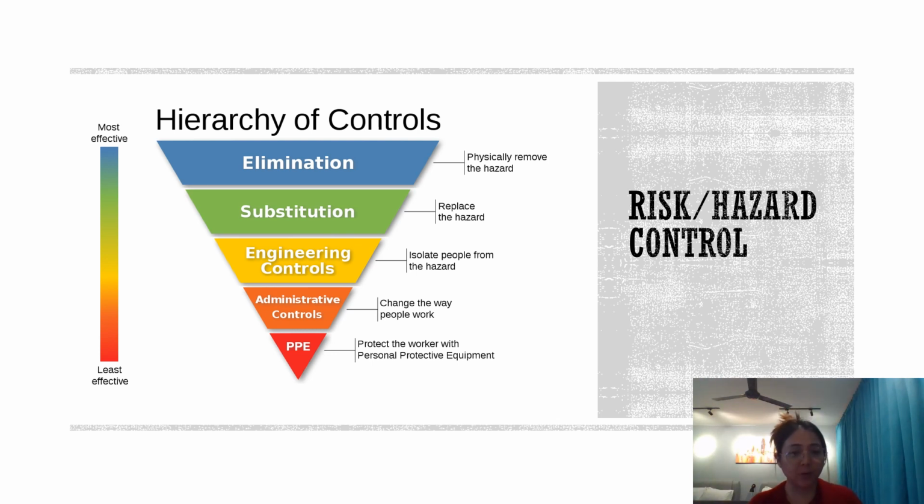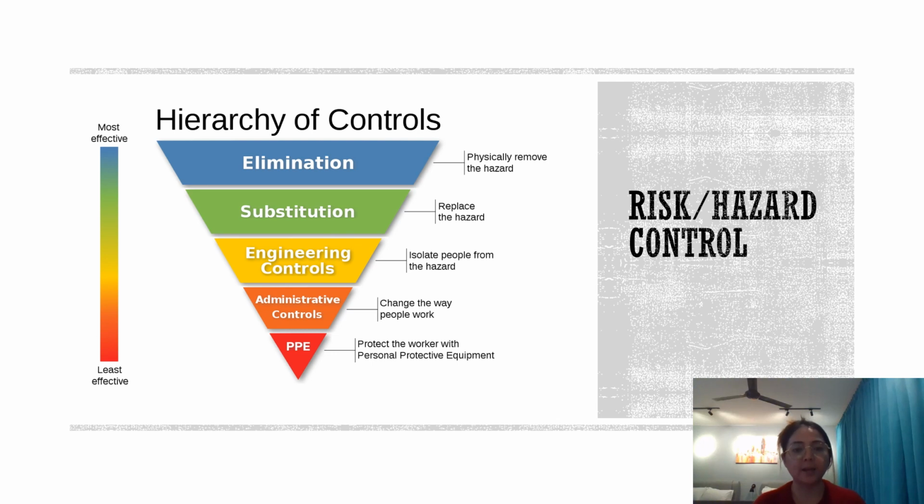The second one is substitution. Substitution control is where we replace the hazard with another step or another thing that is safer compared to the previous dangerous situation that we have.